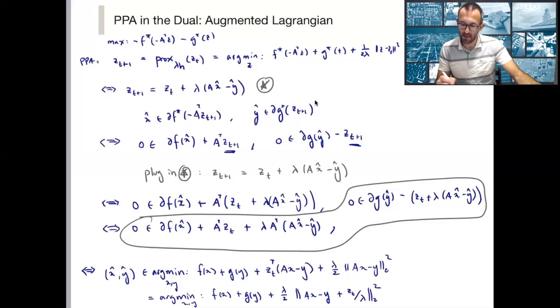If you multiply this out, the only way these differ is in a constant term of z_t squared. But because I'm looking at the argmin, we've played this trick a number of times before: I can add anything that is not a function of x and y. So as an argmin operator, these are the same. Either of these forms is called the augmented Lagrangian.